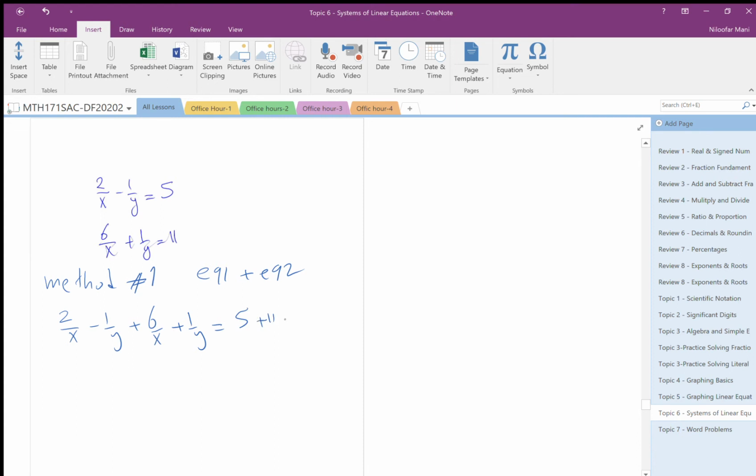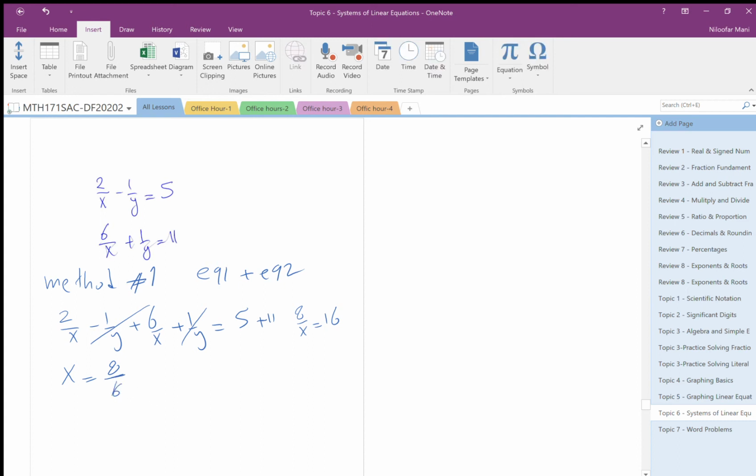Then this one and this one cancel, so I have 8 over x equals 16. So x is 8 divided by 16.